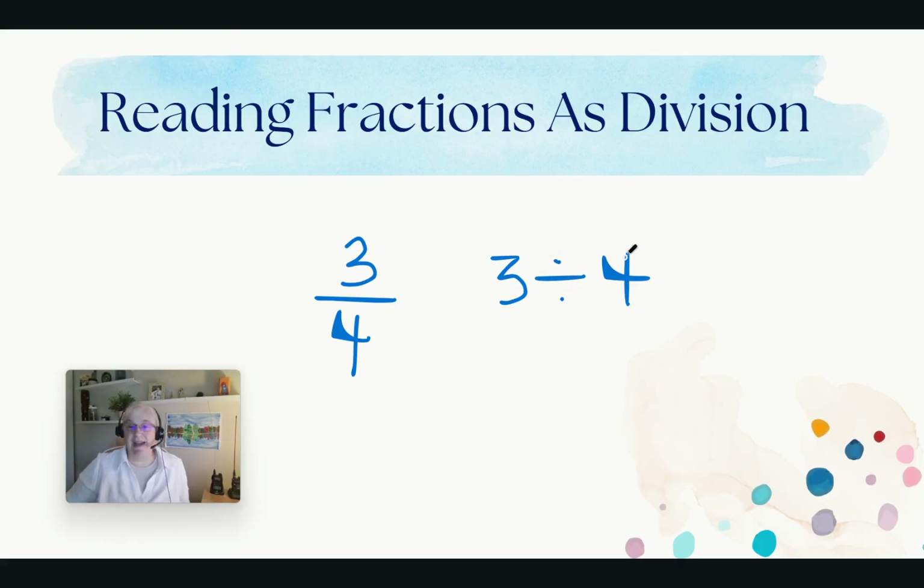You don't have to find out what that is. I don't care what the answer to 3 divided by 4 is right now. All I want you to do is be able to look at a fraction and be able to read it as a division problem. So 3 is the top number. That's called the numerator. We start with that one, 3, divided by the bottom number, 4.